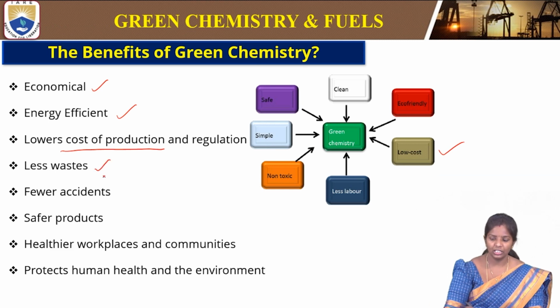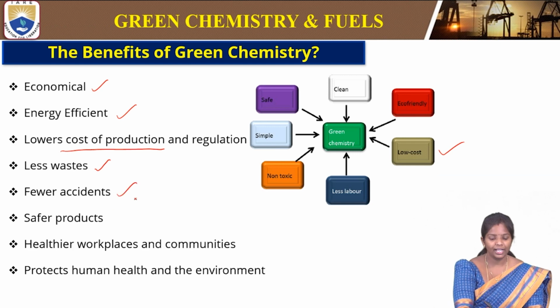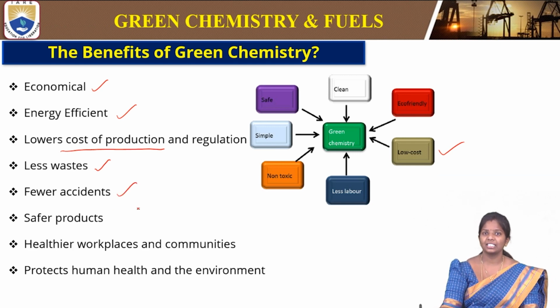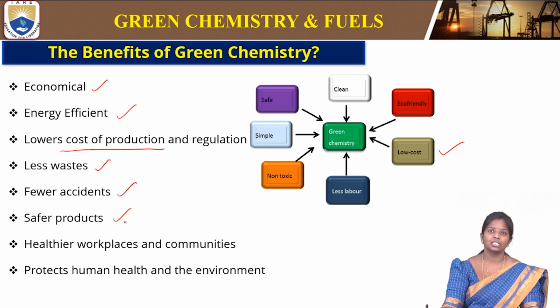Less waste generation, so the waste generated will be reduced. Then fewer accidents. We have seen a lot of accidents happening in the industries due to hazardous substances or gases or fuels. So it is green chemistry which will prevent these accidents. So the products obtained from these processes will be safer in usage. Then it will ultimately give healthier workplaces and communities.